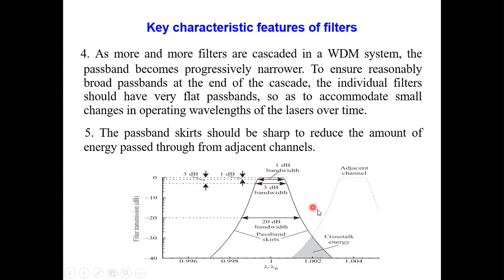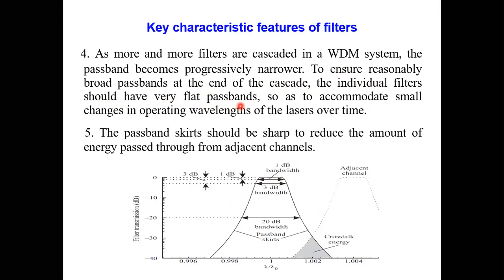As we are cascading more filters, the pass band becomes narrower. So to ensure reasonably broad pass band at the end of cascade, the individual filter should have very flat pass band. So when we design or select a filter, the individual filter should have very flat pass band.